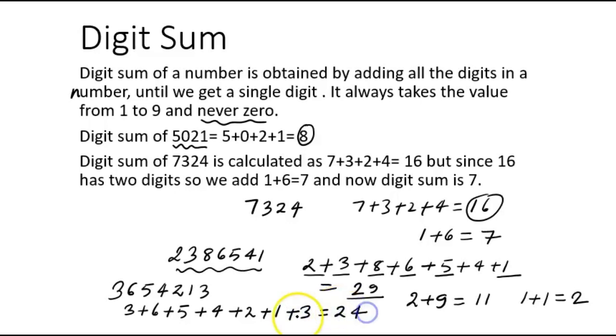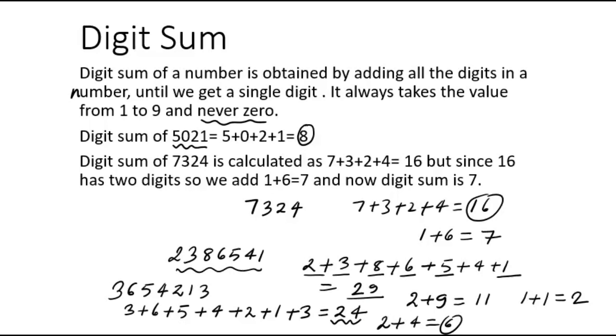Let me add it again. 3 plus 6, 9 plus 5, 14 plus 4, 18, 20 and then 24. But 24 can't be the digit sum. So what will be the digit sum? 2 plus 4 is equal to 6. I hope what the digit sum is, is clear to you.